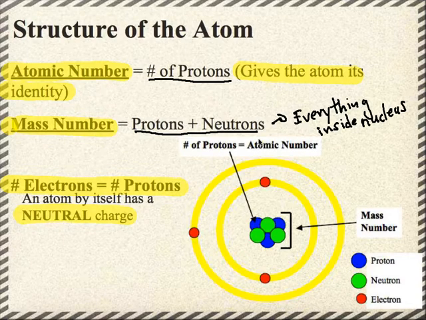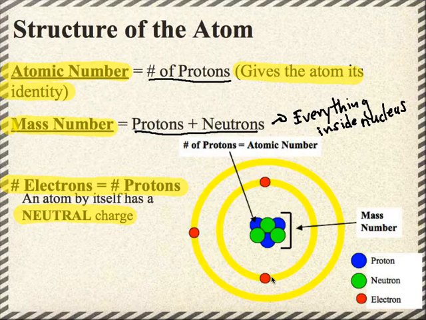In this case, if I have 3 protons, that means I have 3 electrons. Based off of the screen that I saw before, protons are positive and electrons are negative. So if I have 3 positive things and 3 negative things, those charges cancel each other out, so it's going to be neutral.